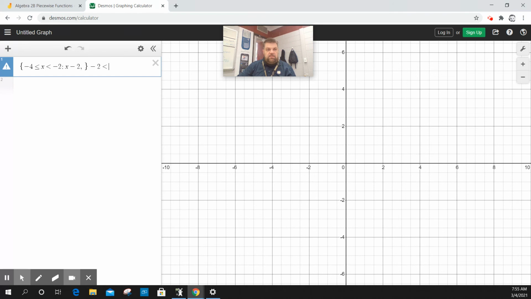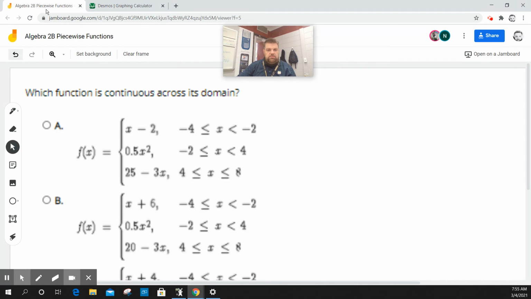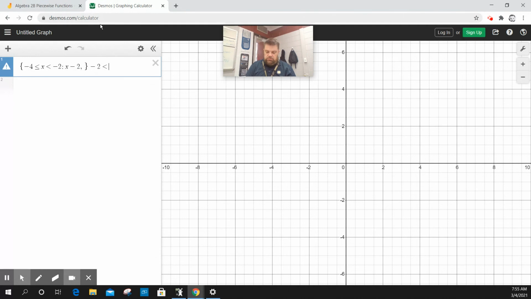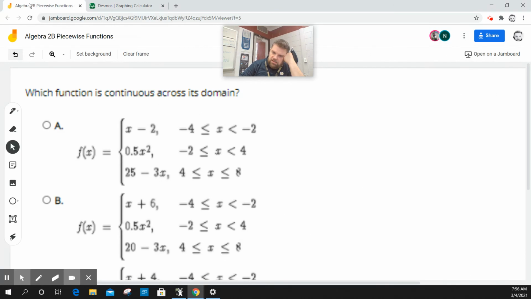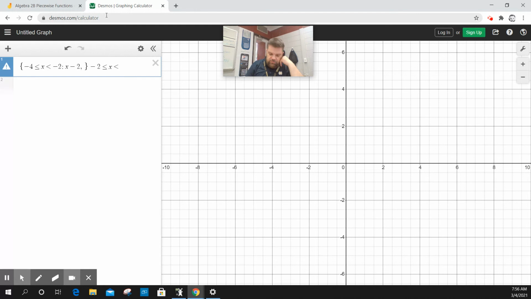less than, did I do equals to? Equals to x less than 4. They go all the way to 4 on that one. And this is not supposed to be here. That doesn't go there.